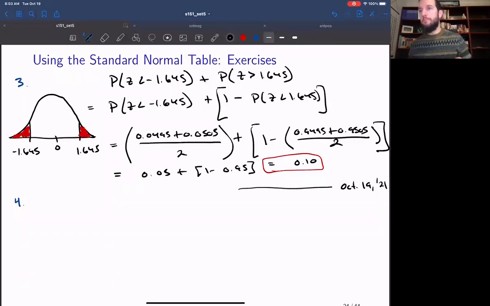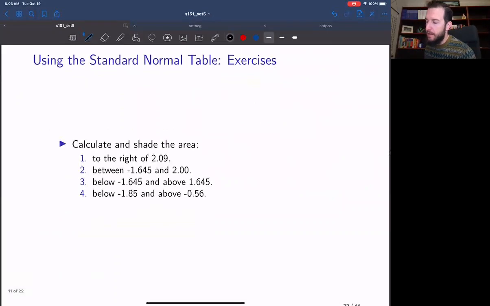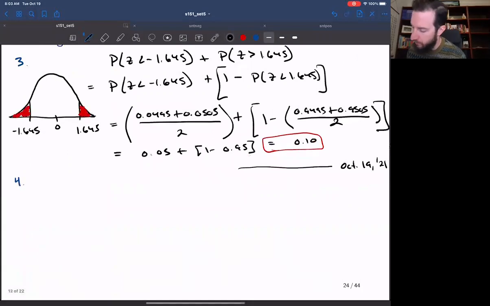All right, so for the last exercise, number 4, we have find the area below negative 1.85 and the area above negative 0.56. So we start by sketching the curve.